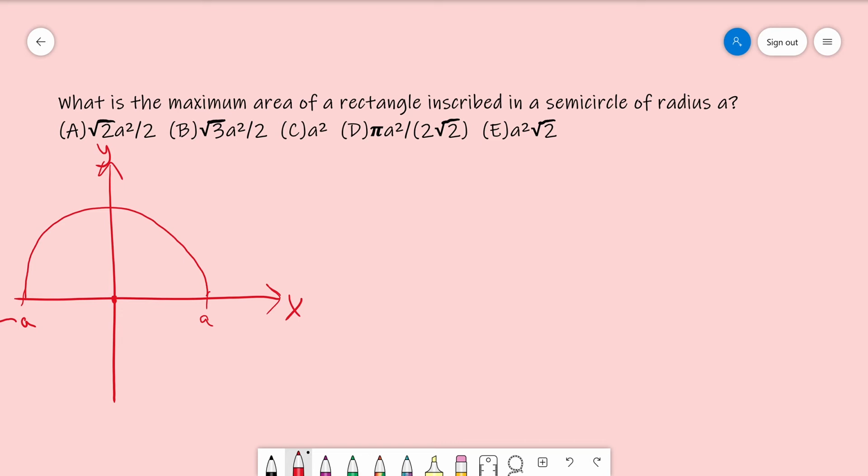Now, if we draw a rectangle that's inscribed in the semicircle, it's going to touch the semicircle at some points, and it's going to look something like this.